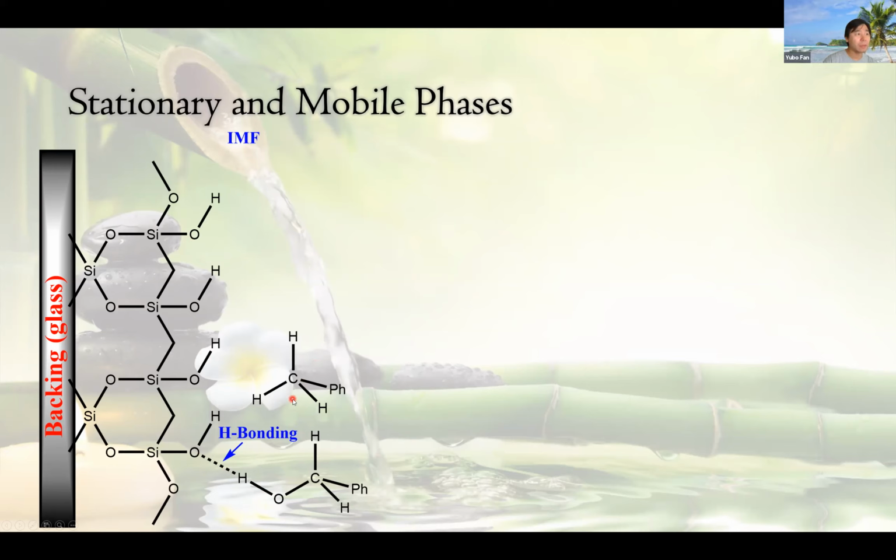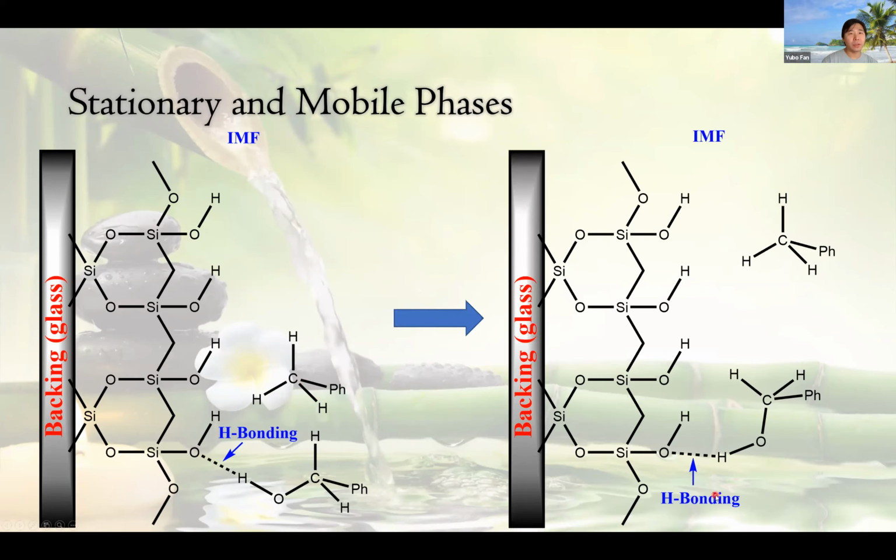Of course, there's dipole and dispersion, this kind of thing, but apparently no hydrogen bonding network forms between them. So when the solvent runs from bottom to top, there's a hydrogen bonding network between the surface and the solid here, we call it the stationary phase, and this compound here.